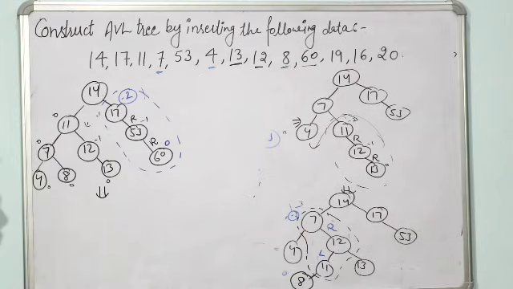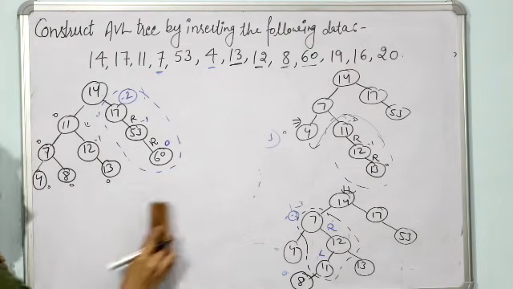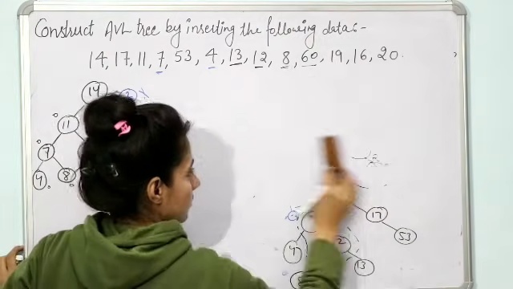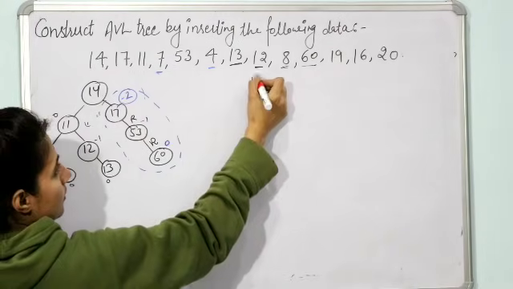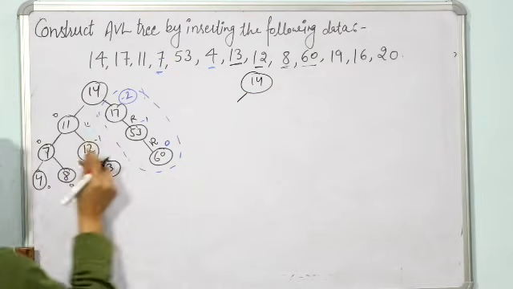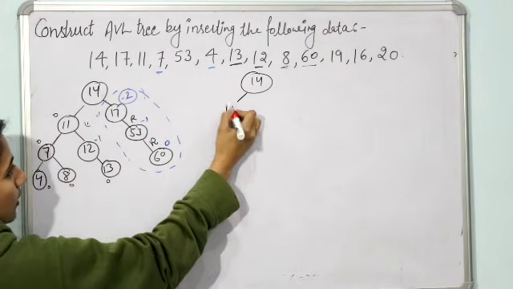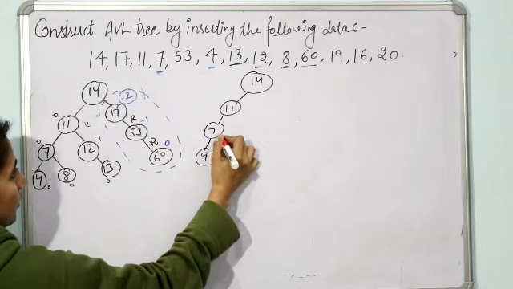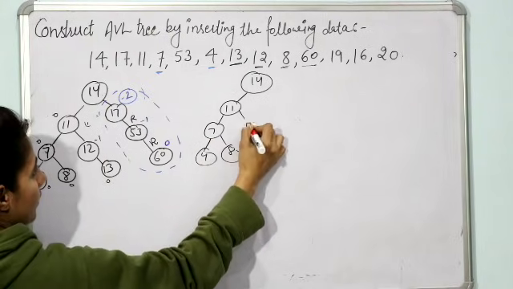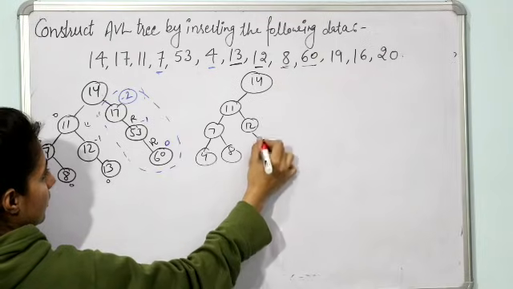Now the tree would be, see, we will draw this tree here only. Fine. This 14, the left subtree would be unaffected. 11, 7, here we have 4, here we have 8, here we have 12, here you have 13.